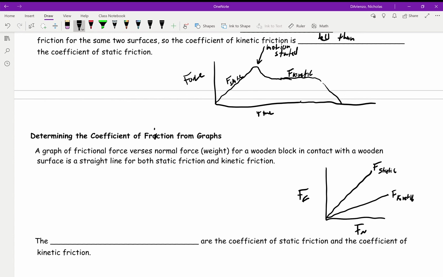We can figure these out because the coefficient of friction is equal to the friction force over the normal force, which is equal to the change in y over the change in x. So really, the slope equals our coefficient. The slopes of the lines are the coefficient of static friction and the coefficient of kinetic friction.